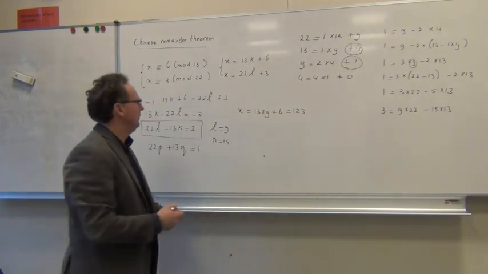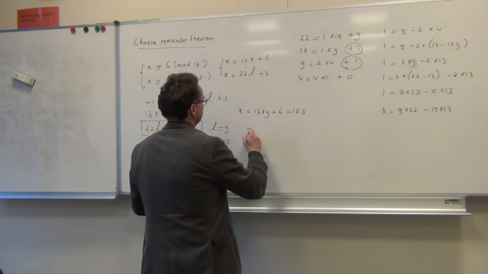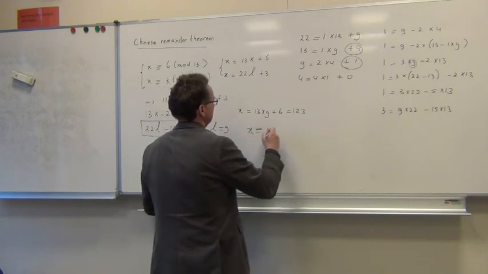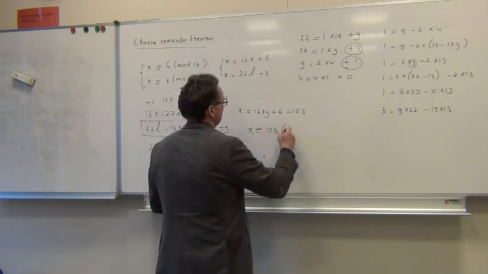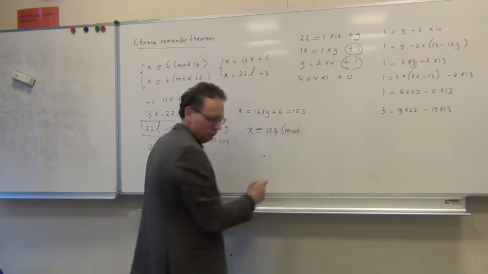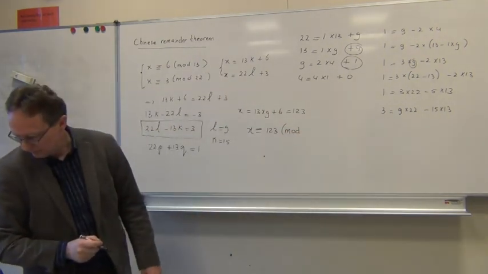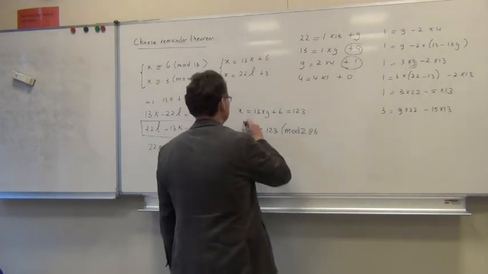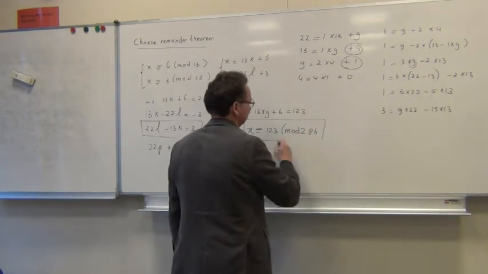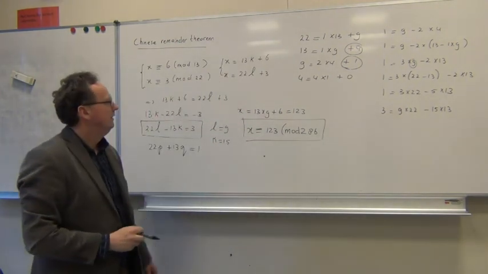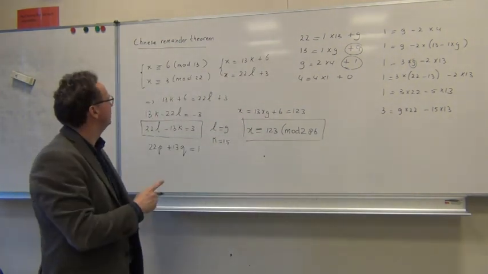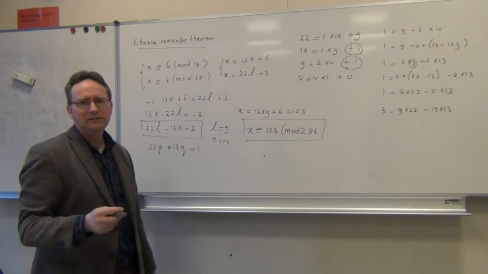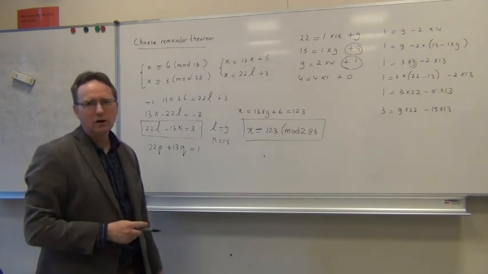So that means the full solution can be written as x is congruent to 123 modulo 286. So this is an example that shows how Diophantine equations can be used to solve these systems of linear congruences.